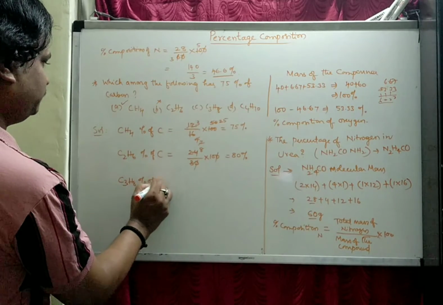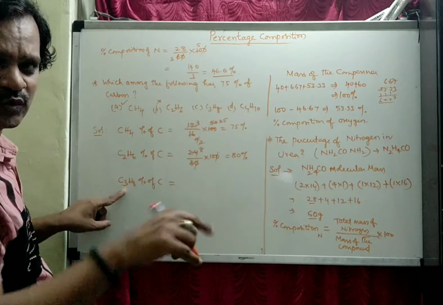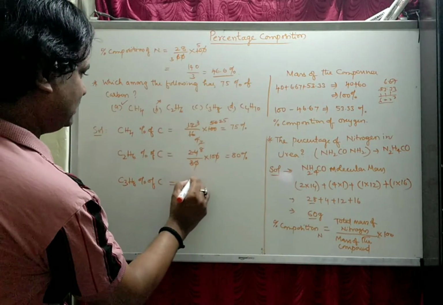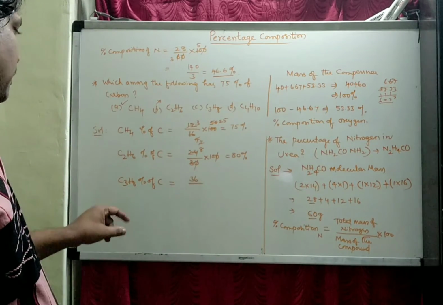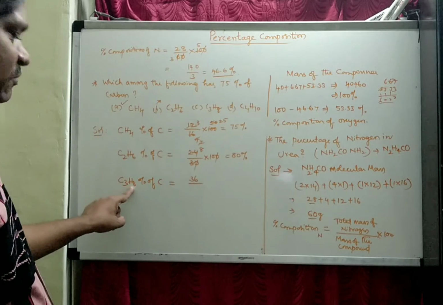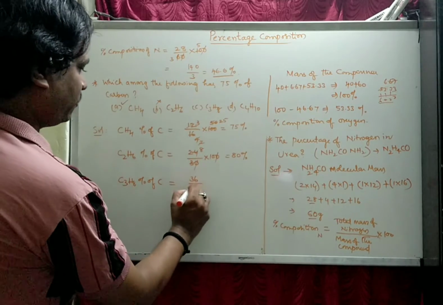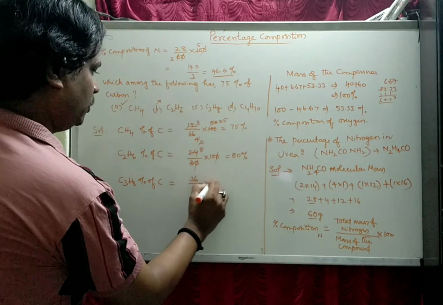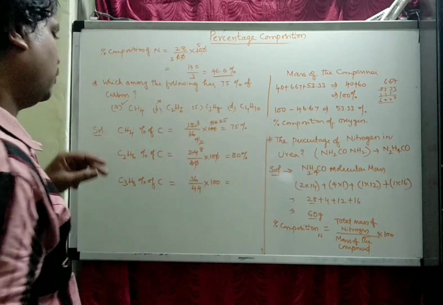Percentage of carbon. C3 means 12 3s are 36. 36 by 36 plus 8, 44, into 100. So how much do we get?